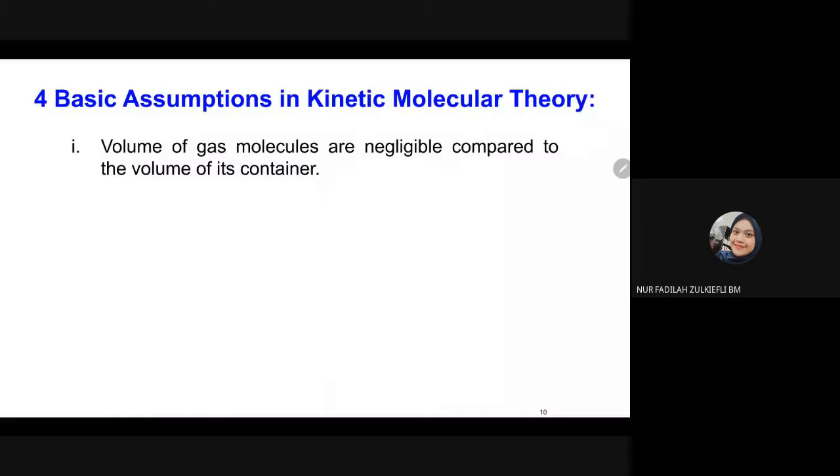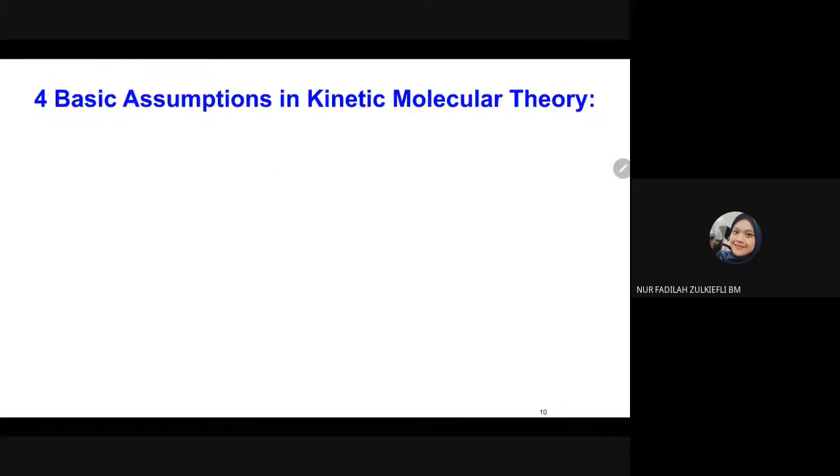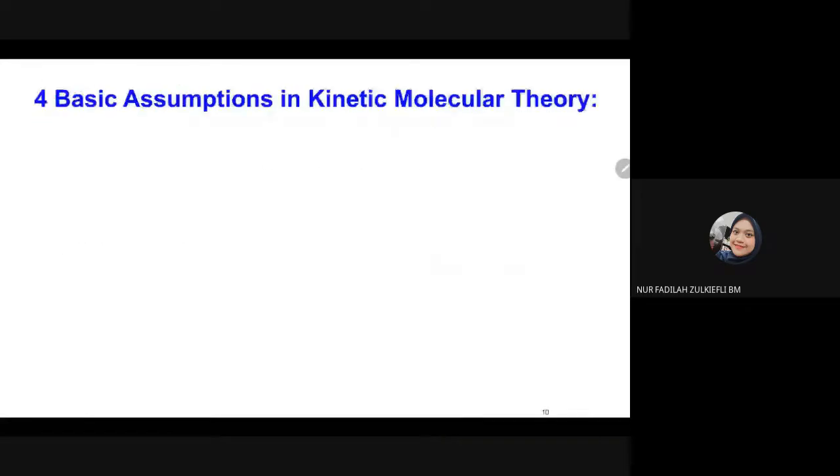Dalam kinetic molecular theory of gas ni, dia ada 4 postulates, 4 basic assumptions that describe the behavior of the gas.